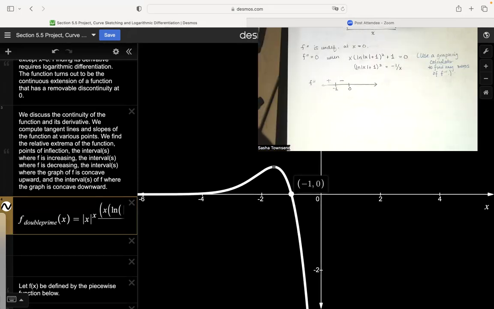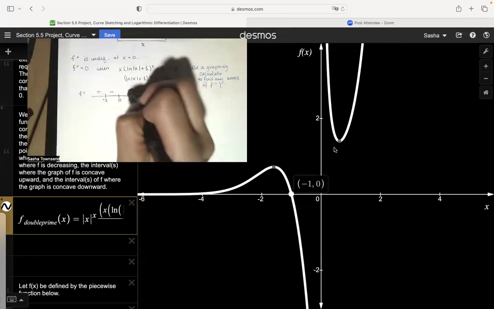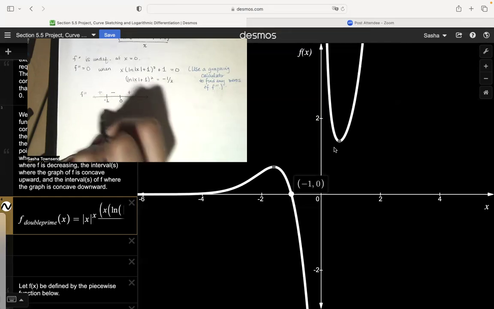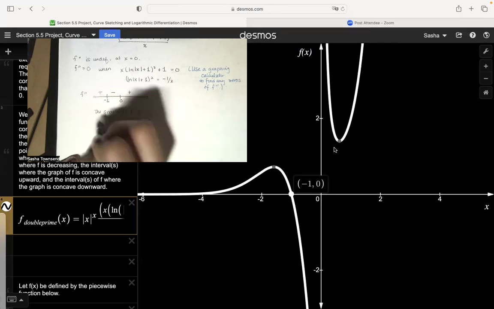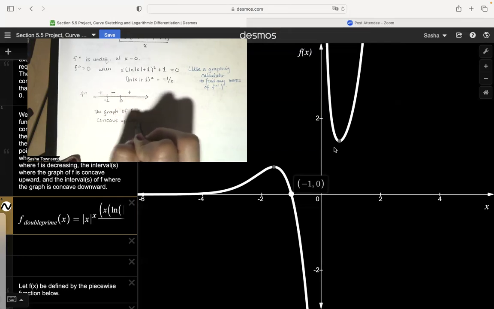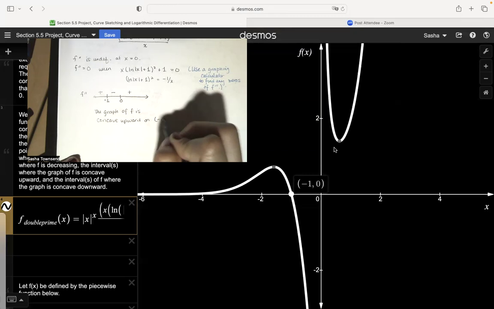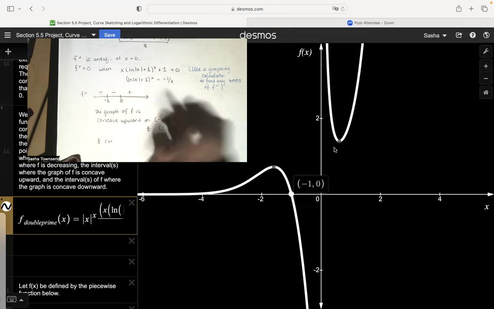To the right of 0, when x is greater than 0, the y values are all positive. So this tells us that the graph of f is concave upward on -infinity to -1 and 0 to infinity, and concave downward on the interval from -1 to 0.